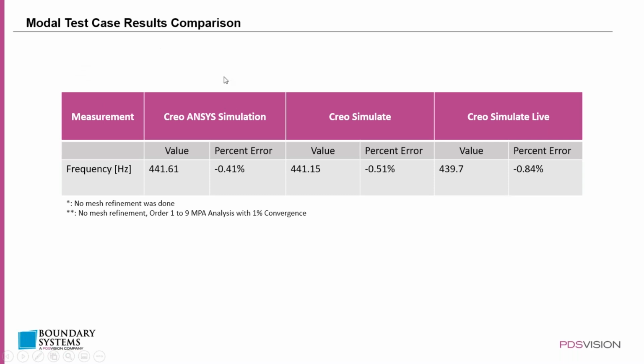In this case, once again, Creo ANSYS is the most accurate, followed very closely by Creo Simulate, and then lastly, Creo Simulate Live. But we'll notice that all three of these are very, very good. The percent error is very low on all three. And from that, we can infer that for modal analyses, all three of these do very well.